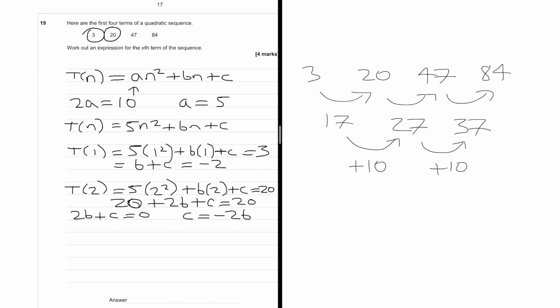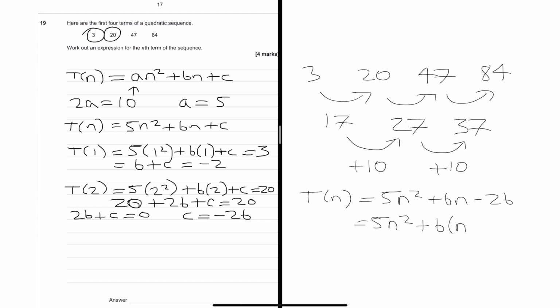So we can actually substitute this in, and I'm just going to write this on the other side, we get that t of n equals 5n squared plus bn minus 2b, which if we simplify, we have plus b times n minus 2.